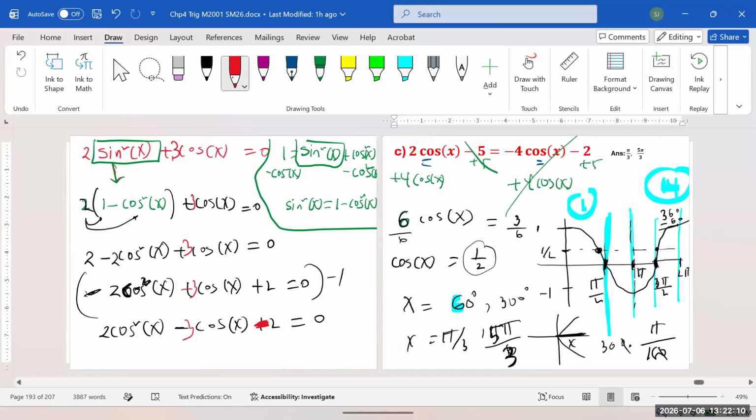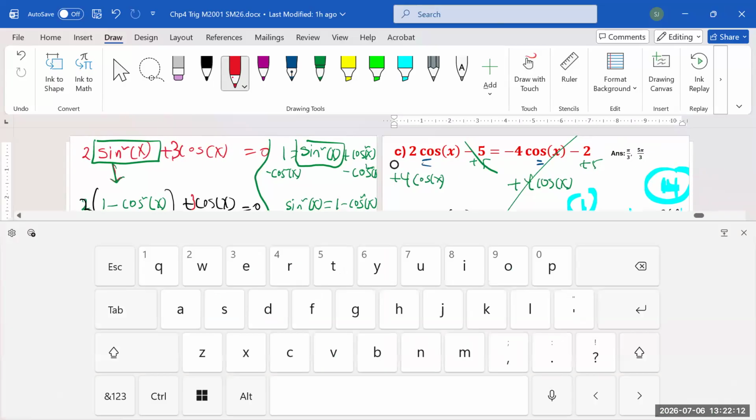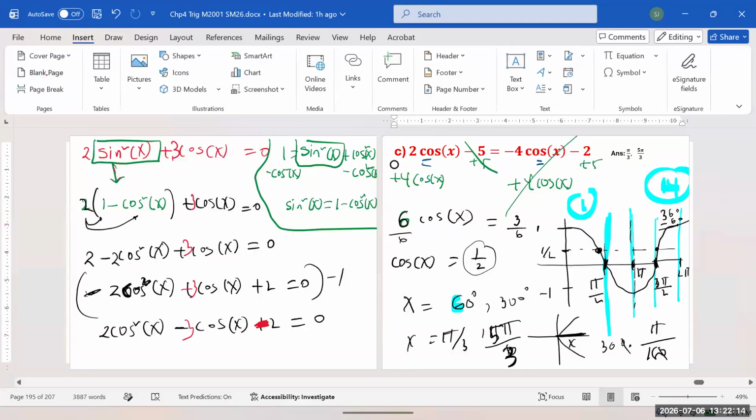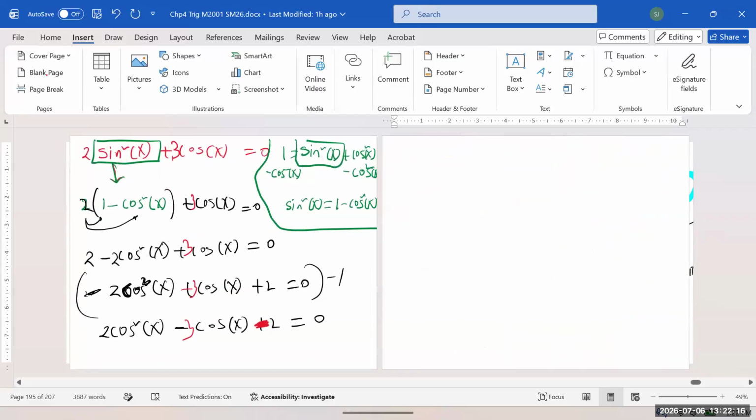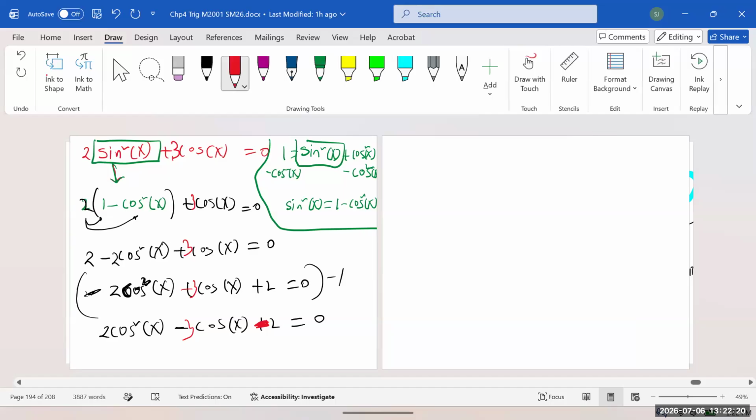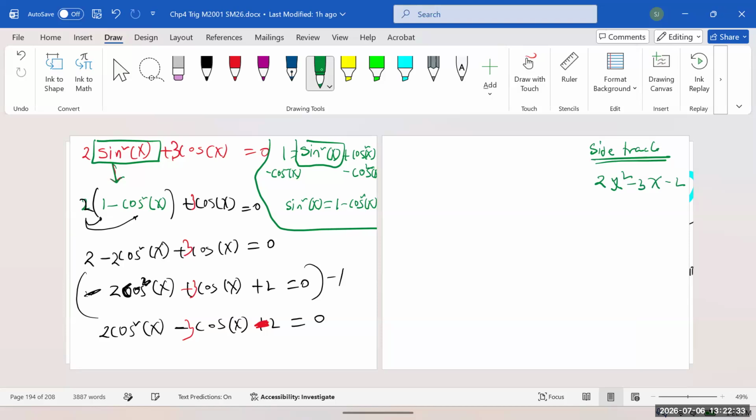But your 2 is AC method. Do you guys remember your AC method? Okay. Let's do some sidetrack. Let's say we have 2x squared minus 3x minus 2.